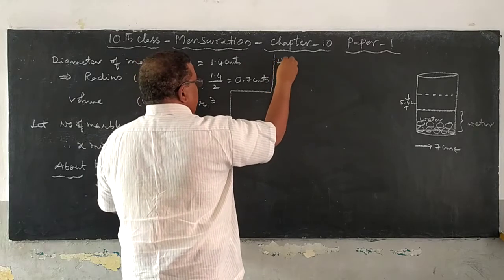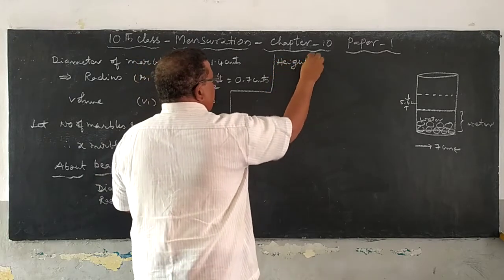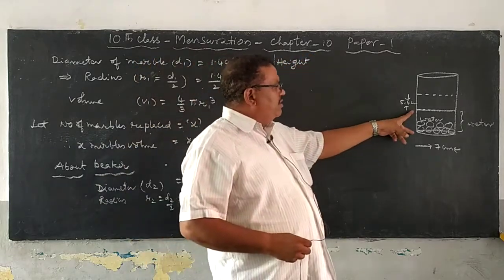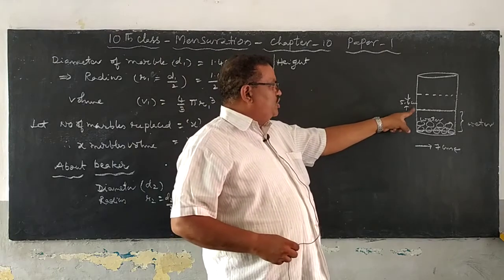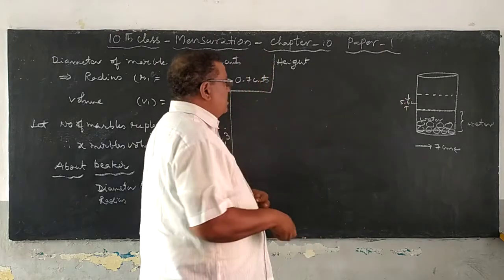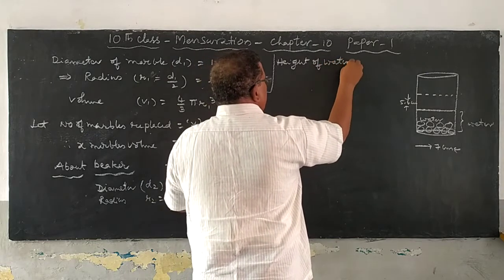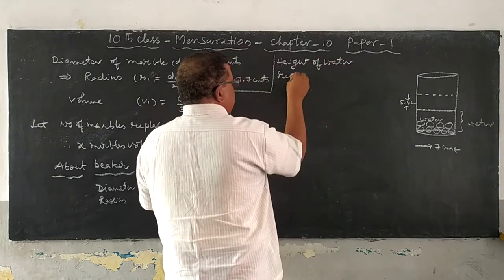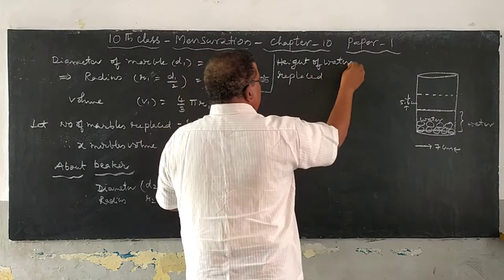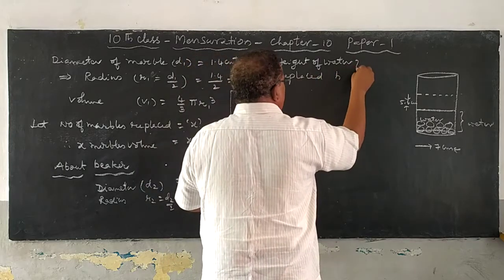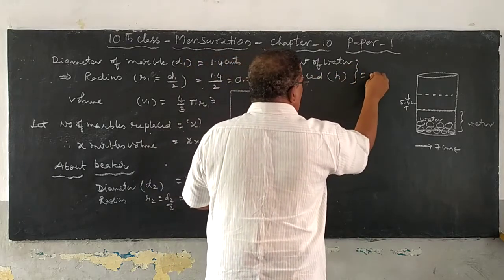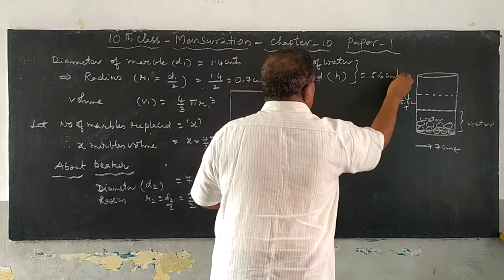Height of the water replaced. How much height of water has been replaced? This is the previous level of water, and from here to here the water has risen. So the height of water replaced, that is h, is taken as 5.6 centimeters.